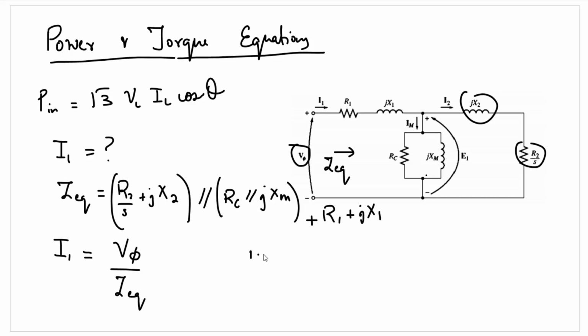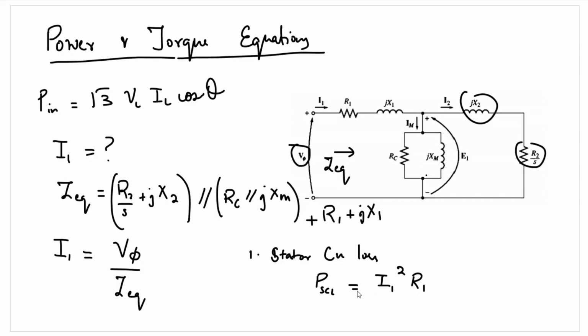Now we know our first type of loss in the circuit is the stator copper loss. Per phase, the stator copper loss will be given by I square R losses. Here I square refers to I1 square, that is the current flowing through the stator winding, into R1, that's the resistance of the stator windings.